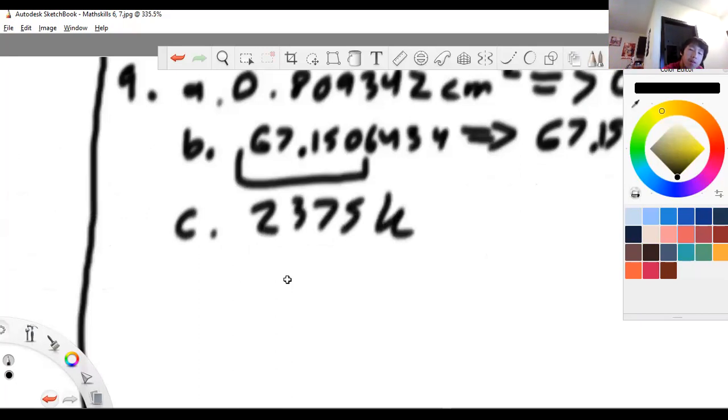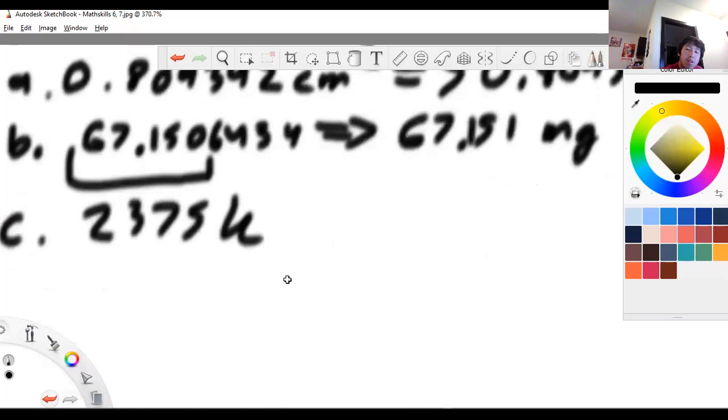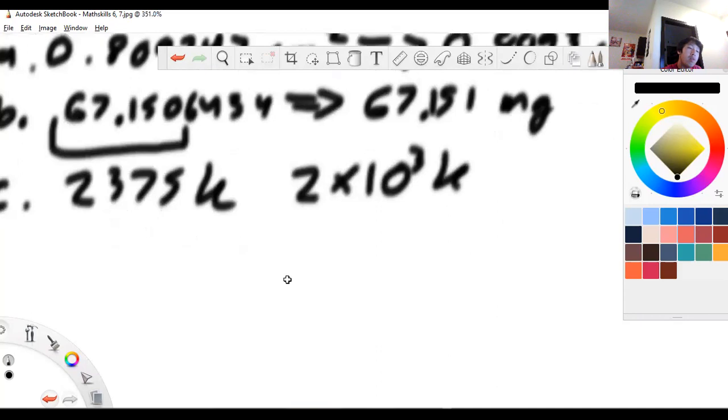C, 235 Kelvin. Set this to 2 times 10 to the third Kelvin. Because if we had any trailing zeros and no decimal point, it would be ambiguous. And if we had all the trailing zeros and a decimal point, it would be 4 sig figs. But it asks for 1 sig fig.